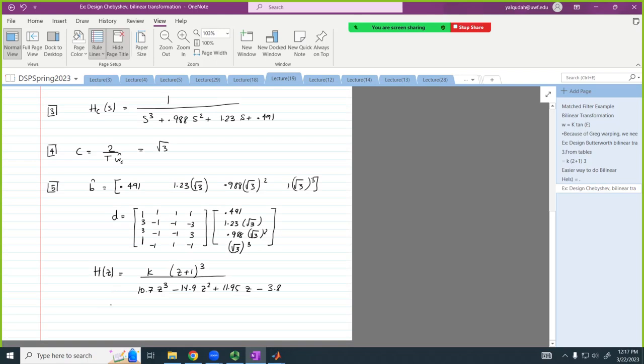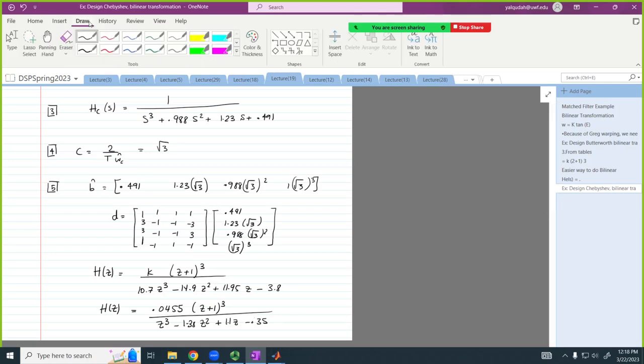And h of z is going to equal 0.0455 multiplied by (z plus 1) cubed divided by z cubed minus 1.38 z squared plus 1.1 z minus 0.35. This is such that it has unity DC gain: H of 1 is going to equal 1.